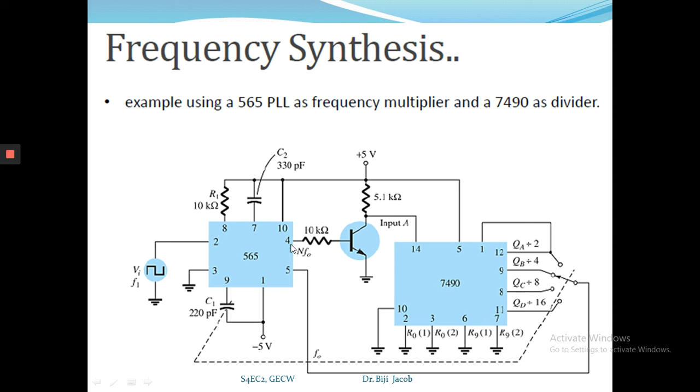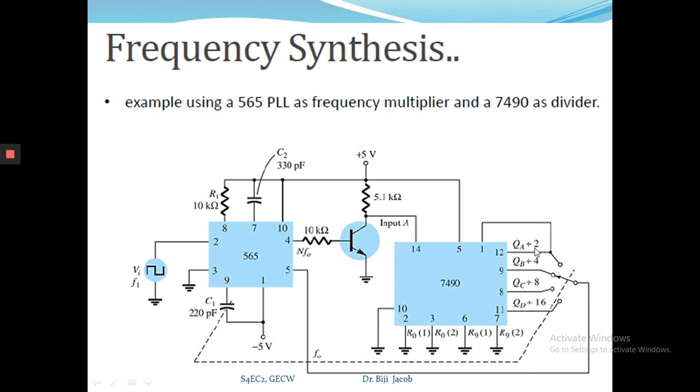Then this PLL output is given to a binary counter here. The 7490 digital IC is configured as a binary counter. It has 4 flip-flops, and QA is the first flip-flop output.